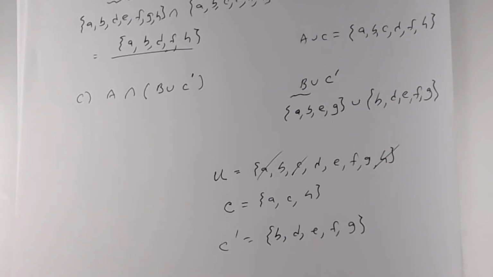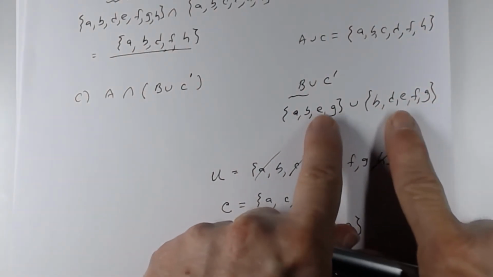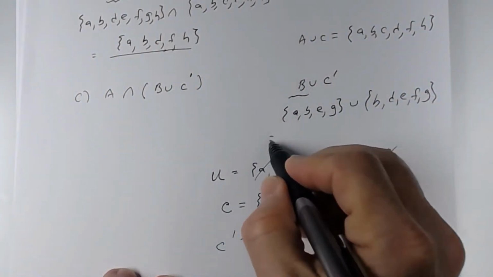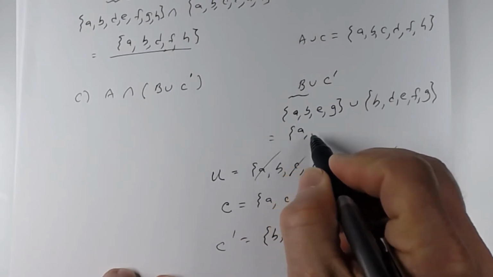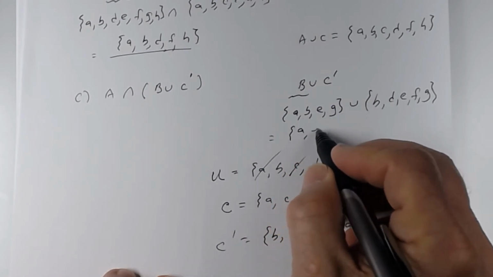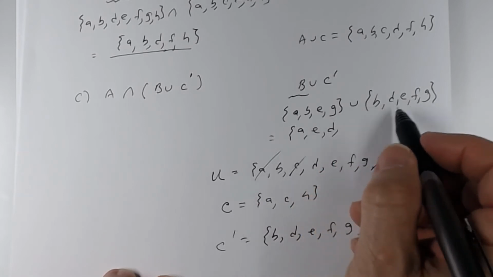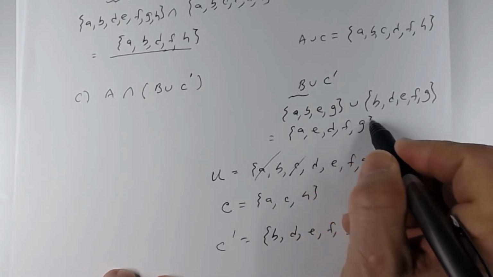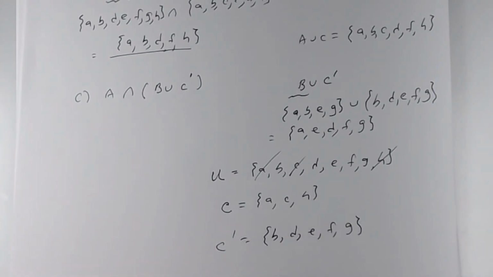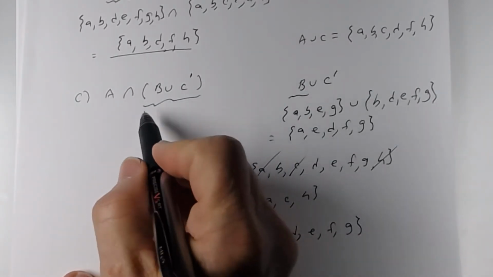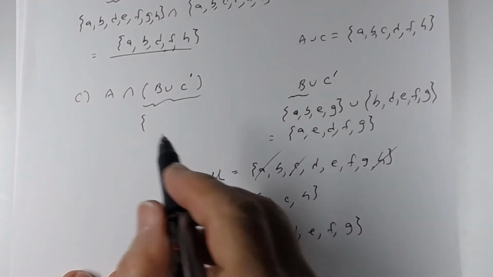Now I want to find B union C complement. So now I want to union these two sets right here. So what do I get? A, B, D, E, F, and G, is that correct? So quite a bit of things you have to go through, but all I found at this point was this. I could have made a mistake, so help me with this.